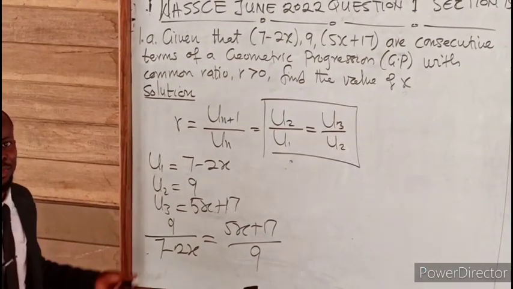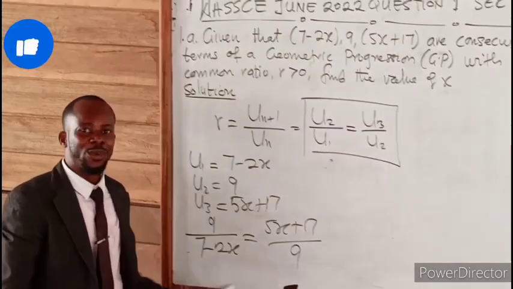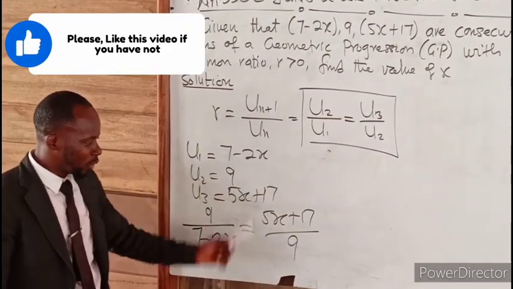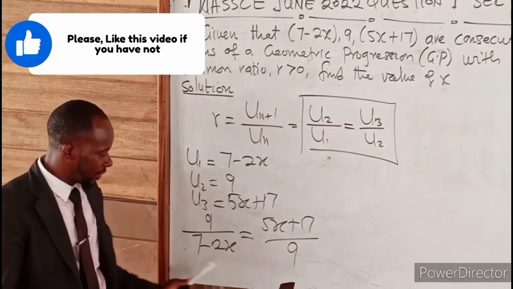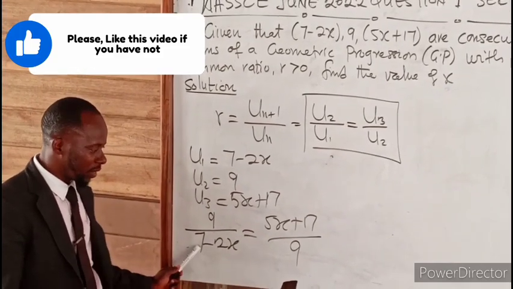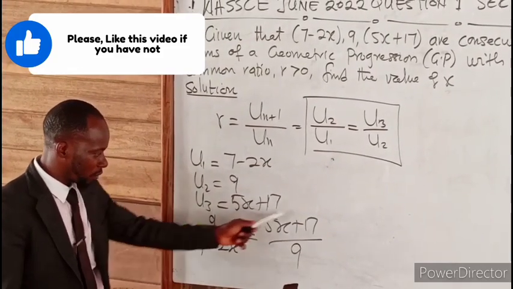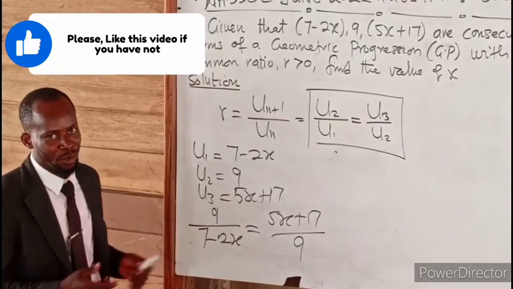So this becomes a simple linear equation involving fractions. We can see the LCM could be 9 multiplying this, or fast forward, we can cross multiply. I will like the cross multiplication.